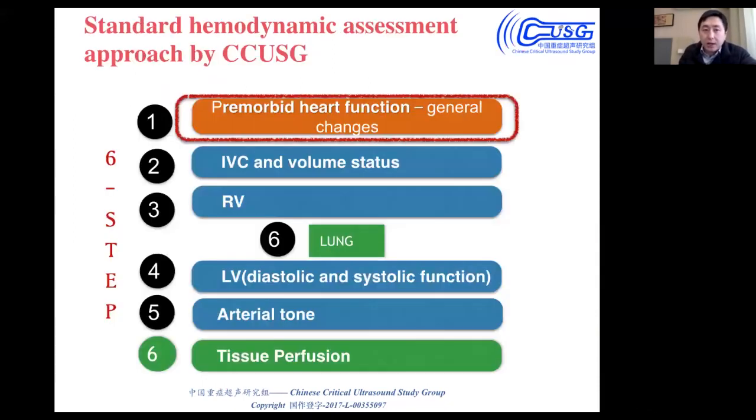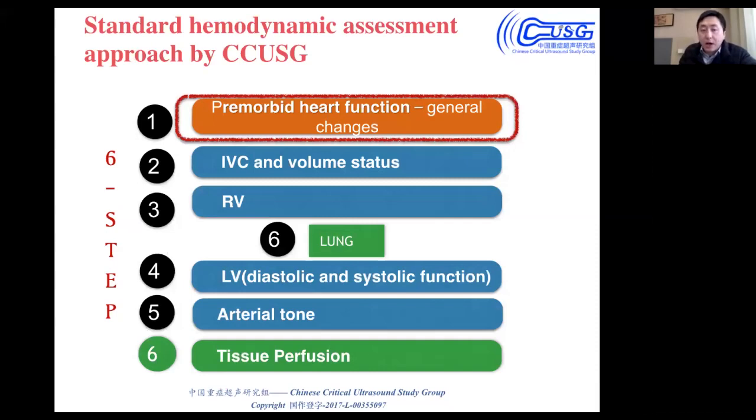And then we assess the hemodynamics according to the approach that we recommend. We call the approach the standard hemodynamic assessment approach. There are 6 steps.